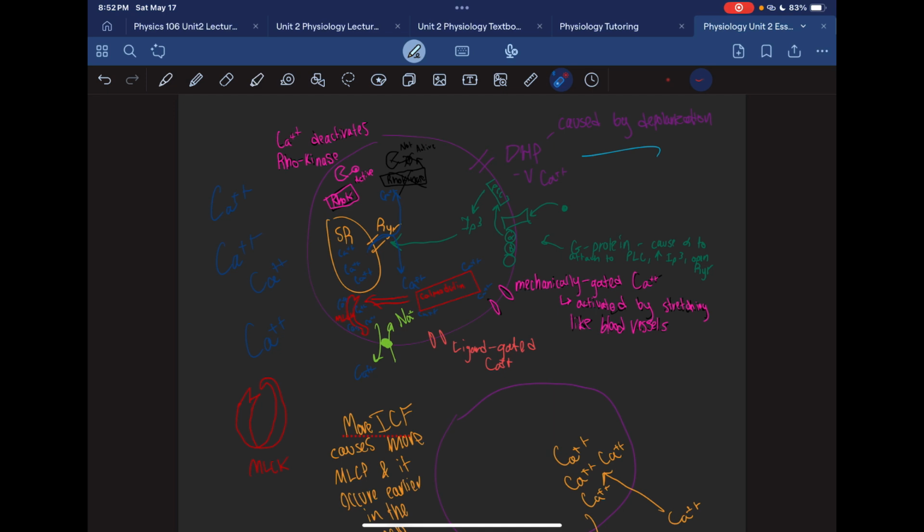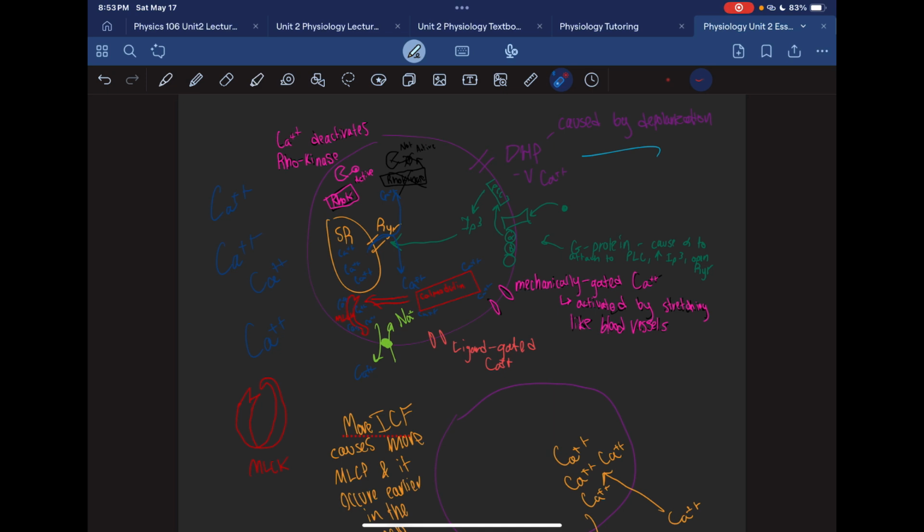We have our G protein, which causes the alpha subunit to attach to the PLC, which is right here, which then causes an increase in IP3, and which then opens our RYR. So IP3 will bind to the SR in a way which causes calcium to be released, and like I said, that RYR will open up.